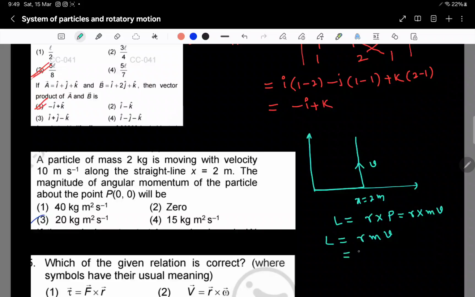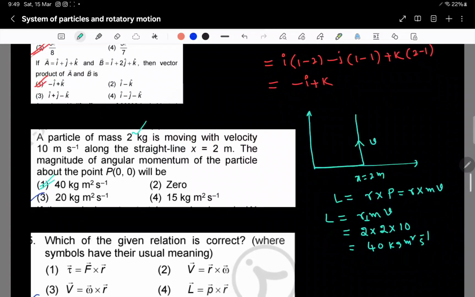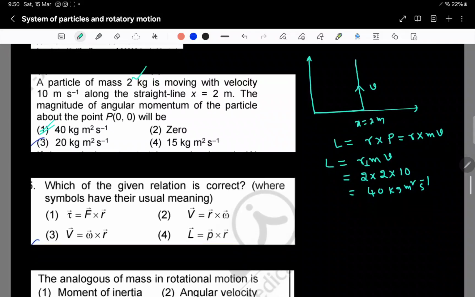All values are given. r is the perpendicular component, 2 only. 2 into mass 2 kg, velocity 10 meter per second. Easy only, students. So 2 into 2 is 4, 4 into 10 is 40. So 40 kg meter square per second. First option. This is only the perpendicular component, students. This is not perpendicular, whatever. Perpendicular component is only this 2 meters.